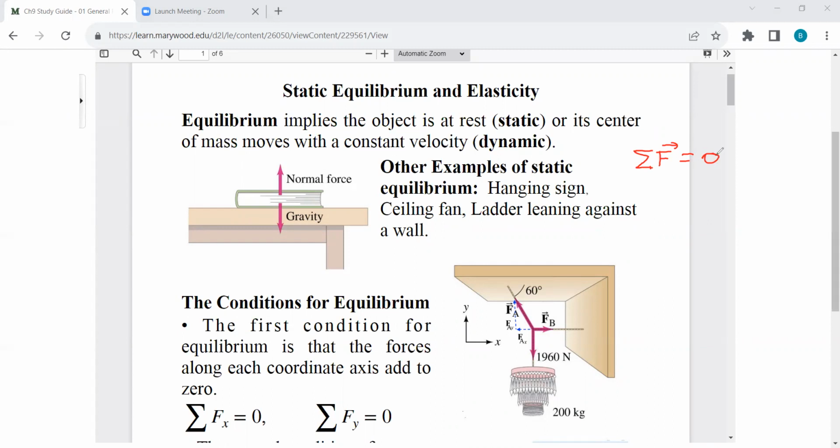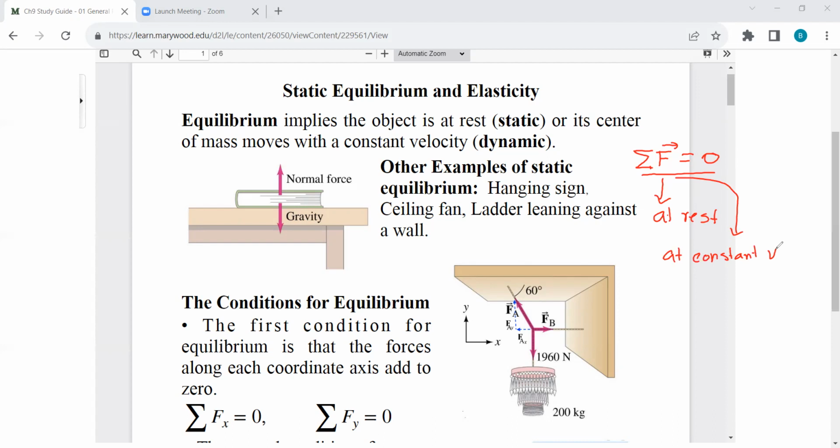Now here you see that if the net force is equal to 0, the object could either be at rest, or it could be moving at constant velocity. When the object is at rest, we call it static equilibrium.